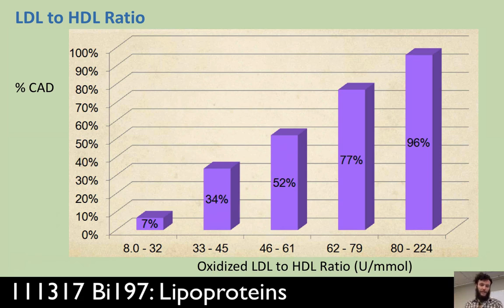So if you look from 8 to 32 LDL ratio, 7% of those people show a risk of coronary artery disease, all the way up to, there are people out there with 80 to 200 ratios of LDL to HDL. That would probably be a person who's either eating sticks of butter, or you have a 96% chance of coronary artery disease, and that could also be a person with a genetic predisposition, the way I spoke about it earlier.